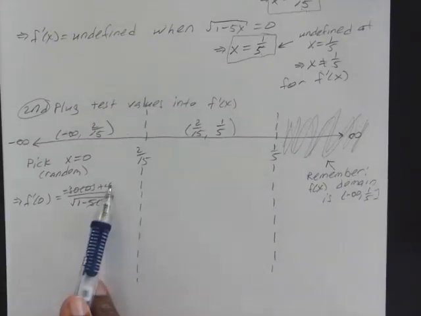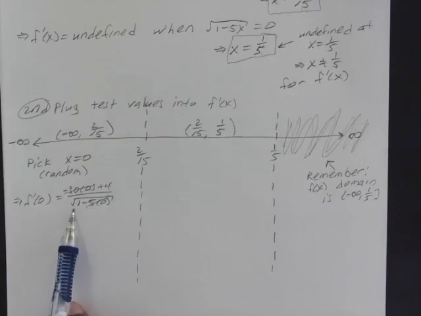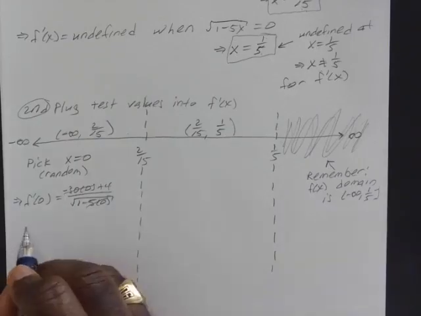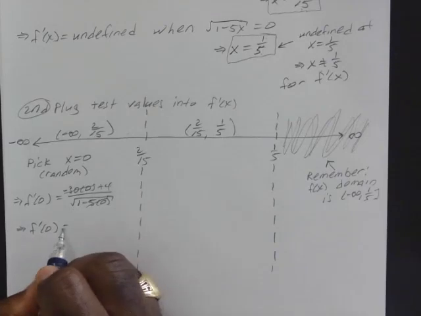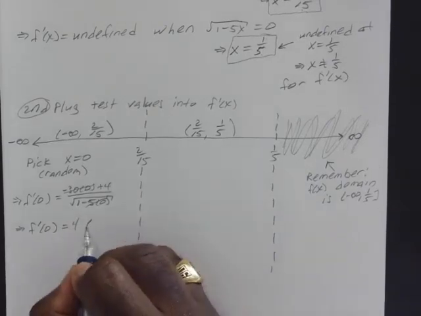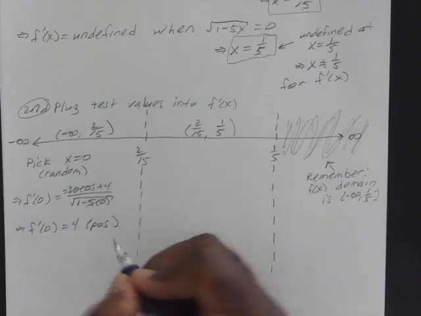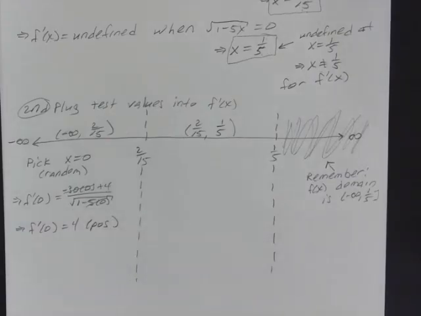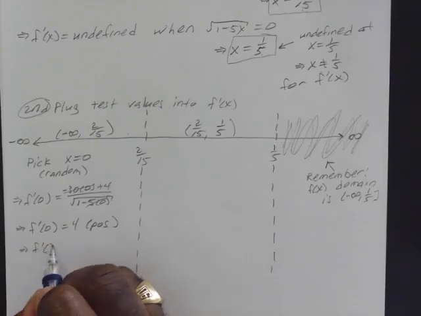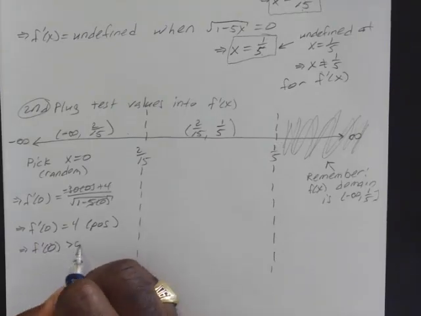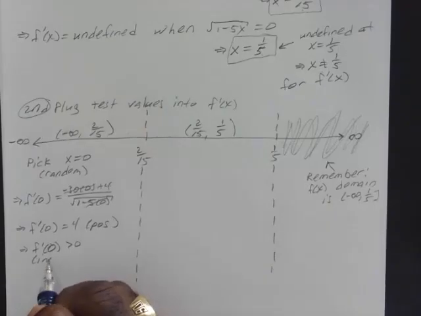That just leaves us 4 divided by the square root of 1, which is just 4 divided by 1, which is 4. So we know that f prime of 0 is equal to 4, but more importantly, we know that it's positive. So f prime of 0 is greater than 0, which means it's increasing.